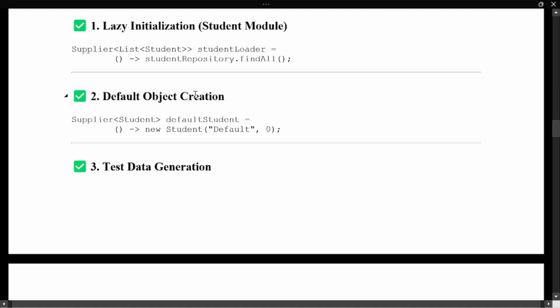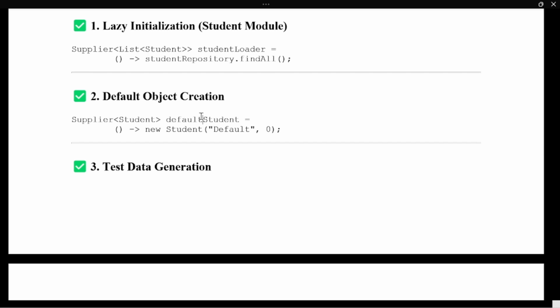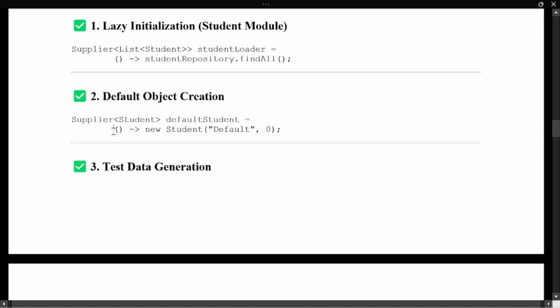And default object creation. Whenever there are use cases of creating a default object, it is useful. Supplier of Student, default object. On the right hand side, it doesn't take anything but returns the object of Student with some default values. Default 0. Here it is returning, it is a return type, guys.